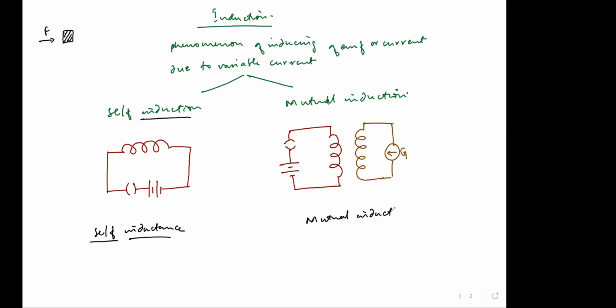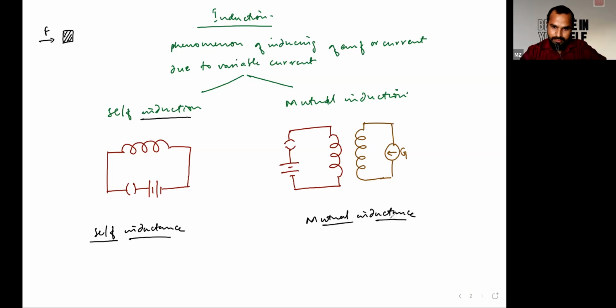Sir, can you explain self-induction once again? Okay, just one minute. Induction is nothing but the phenomenon of inducing EMF or current. Inductance is the property of the coil. Suppose you switch on or switch off, the current will start increasing or decreasing. Due to that change of current, a flux linked with the coil changes with respect to time.